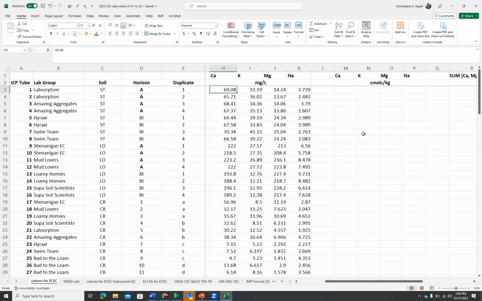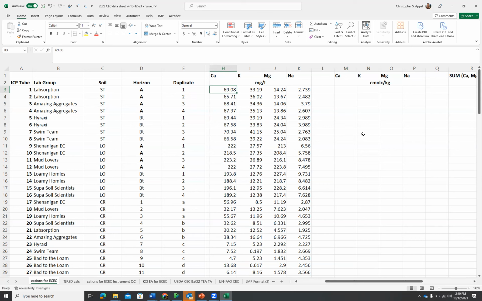But I need to convert milligrams of calcium to charge units now, or moles of charge. And if we have a mass of calcium, we want to convert it to moles of calcium. What do we need? Yeah, molar mass. If you go to the periodic table, you'll know that for calcium, it's 40.08.